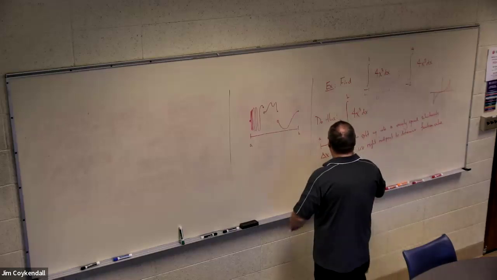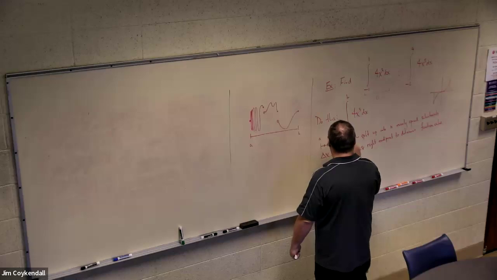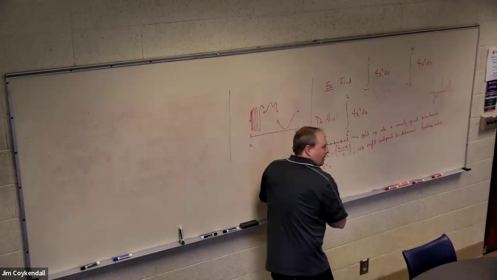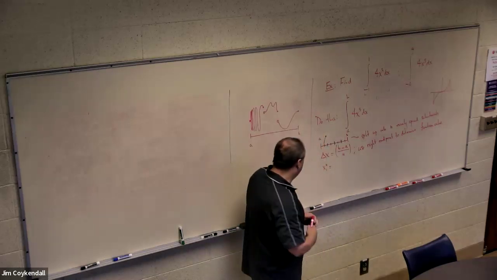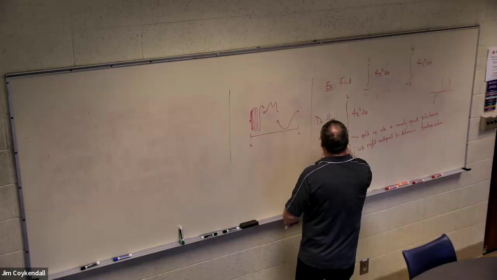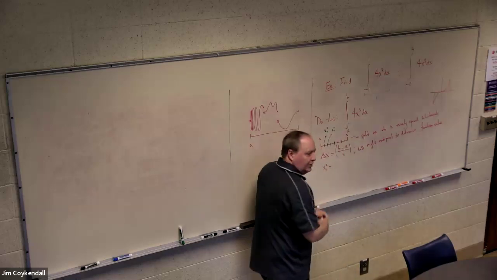So we break this up into n subintervals. I'm going to use the right endpoint. There's x1 star.